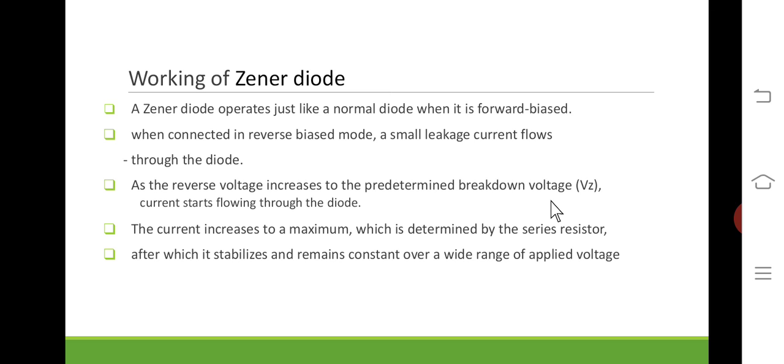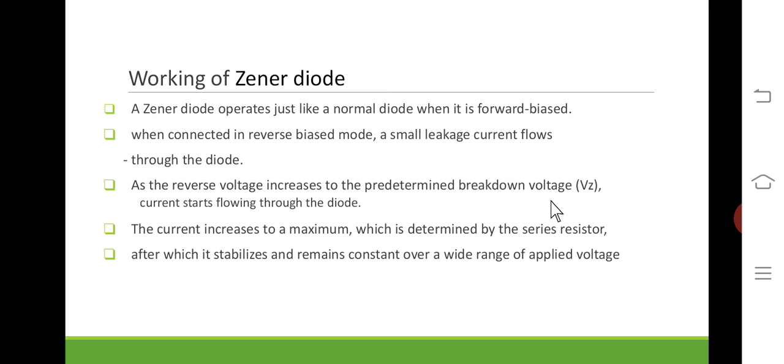A point is reached when the junction breaks down and the reverse current rises sharply to a value limited only by the external resistance connected in series with the junction.